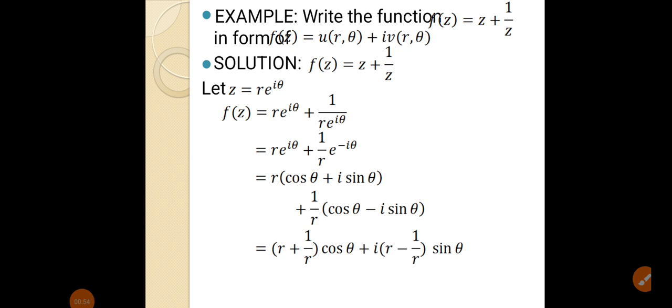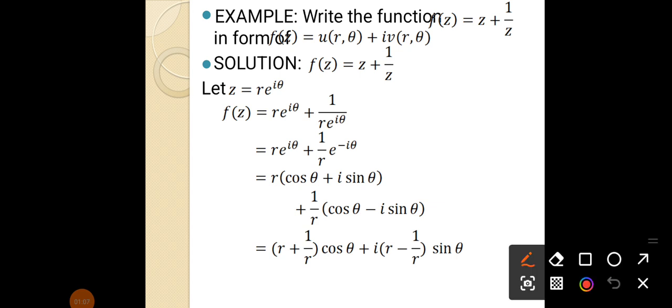The first example is: write the function f of z is equal to z plus 1 upon z in the form f of z is equal to u of r theta plus i into v of r theta.